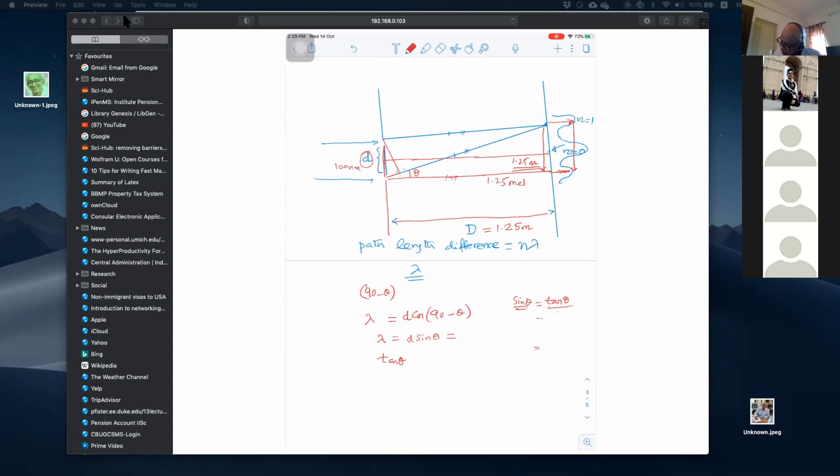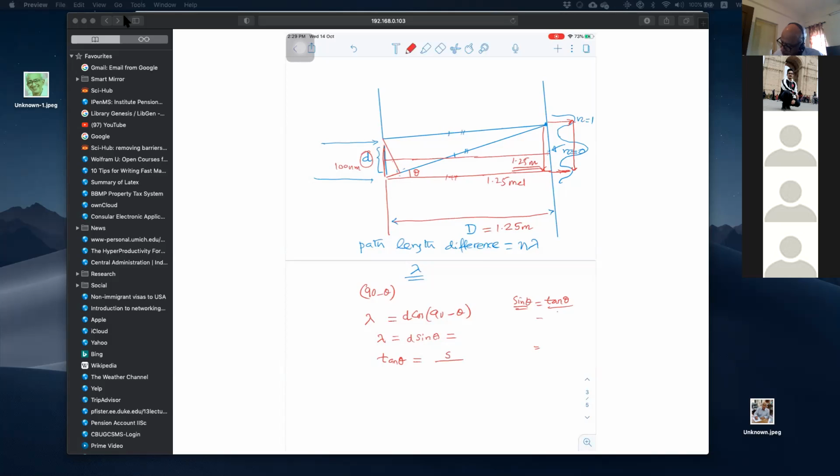Let me call it S, because that is a separation. So tan theta will be equal to S divided by how much?